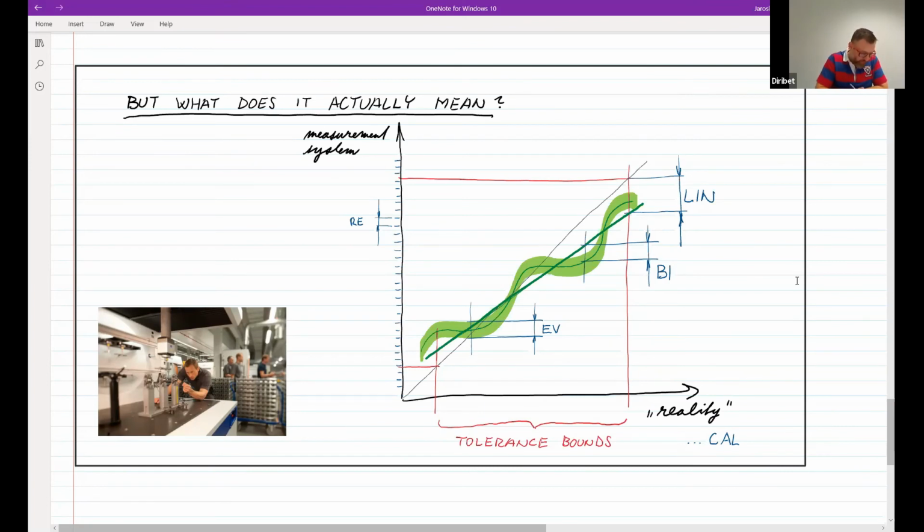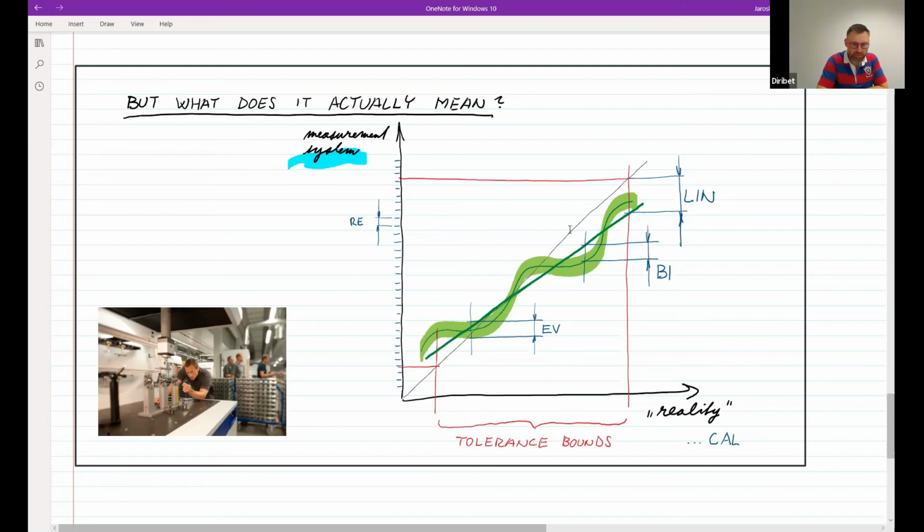Let's say that the measuring system here is trying to estimate the reality. So in the ideal case, if the measuring system shows exactly what is the linearity, it would show the value on the black line in the center. This line over here.